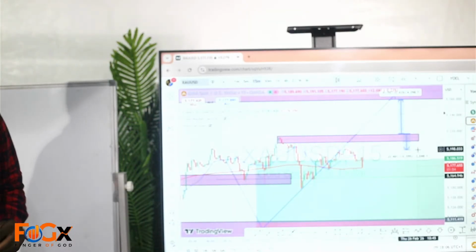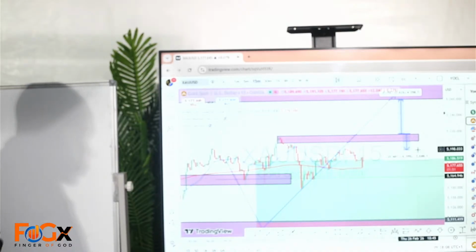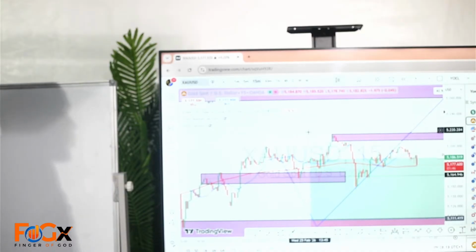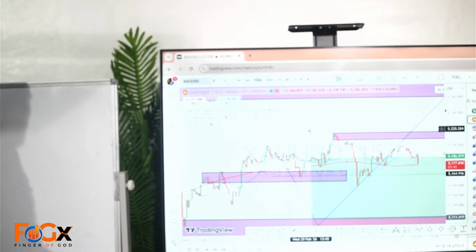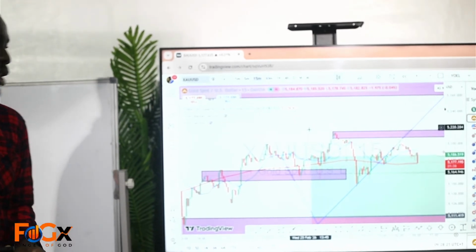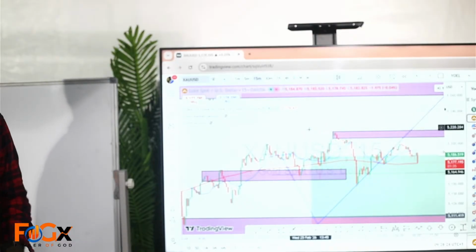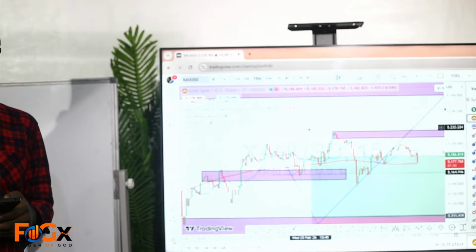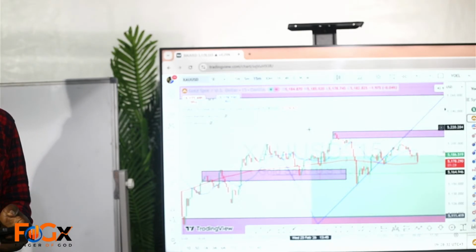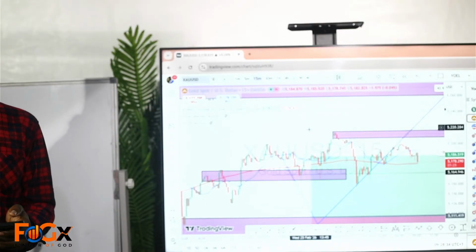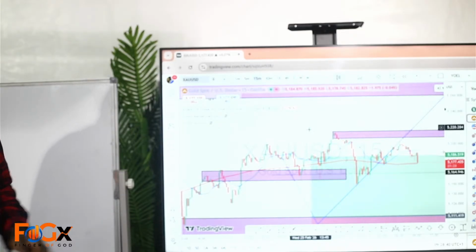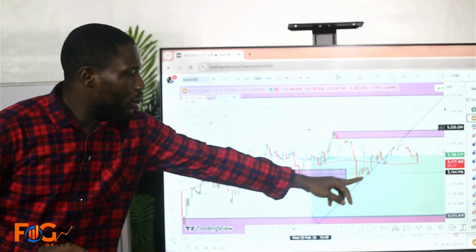But in a way, who can tell us what price is currently doing? It's ranging. Okay, from where to where is it ranging? Yes. After that, after the bearish, that bearish. Here. Okay, here.